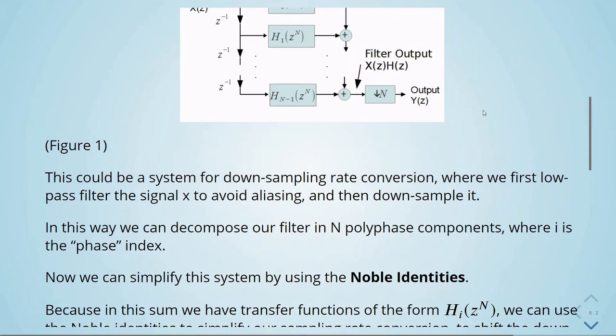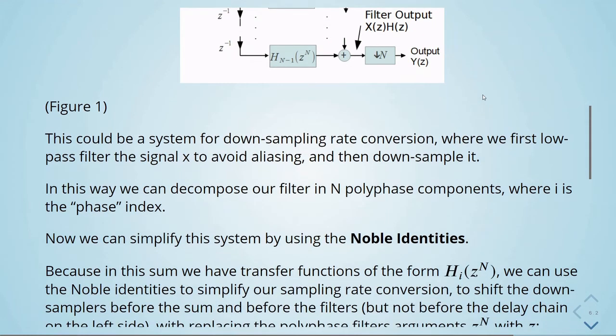This could be a system for downsampling rate conversion, where we first low pass filter the signal x to avoid aliasing, and then we downsample it. In this way we can decompose our filter into n polyphase components, where I is the phase index, like we showed before, and we can simplify the system using the noble identities.